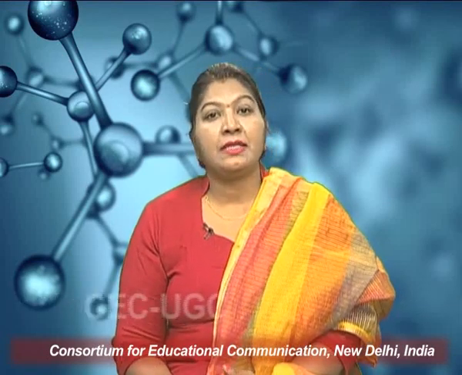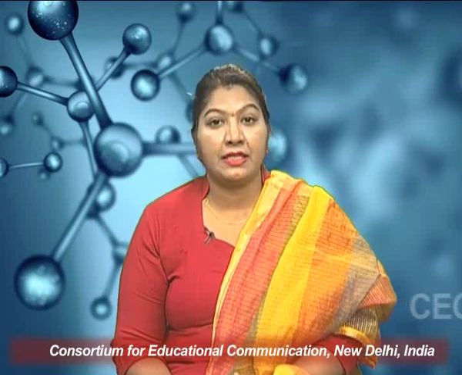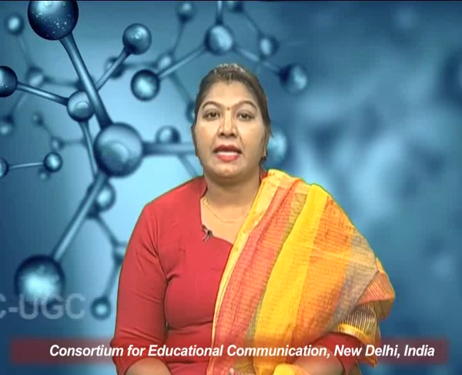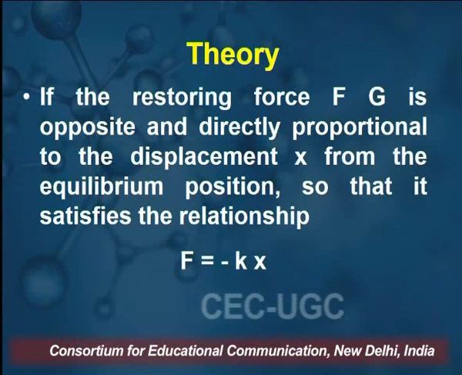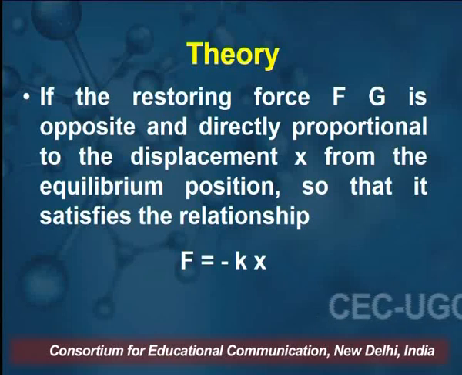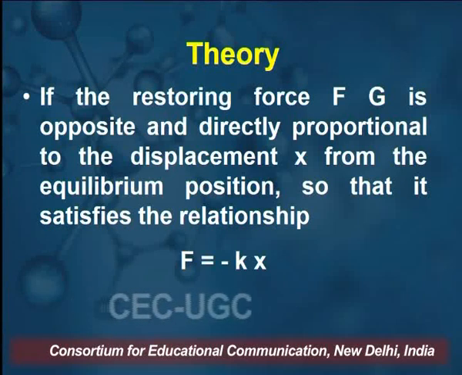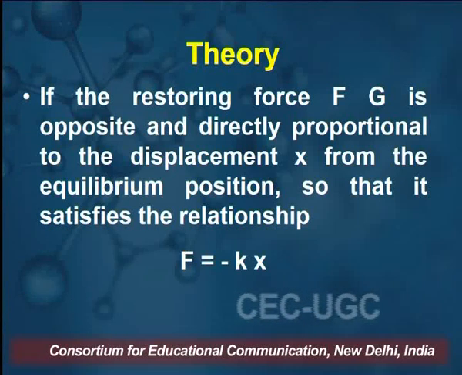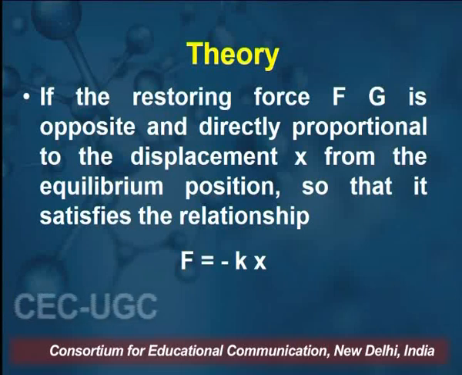Now what is the formula? How do we generate the formula? If the restoring force F is opposite and directly proportional to the displacement x from the equilibrium position, we can write it as F is equal to minus kx. We take the minus sign because it is in the opposite direction.